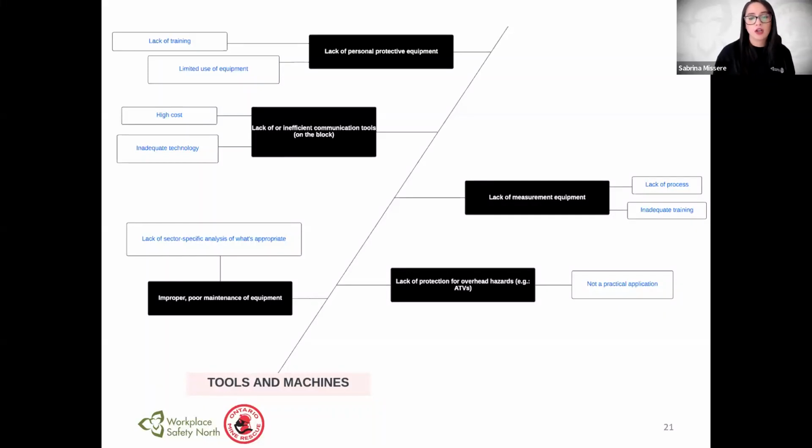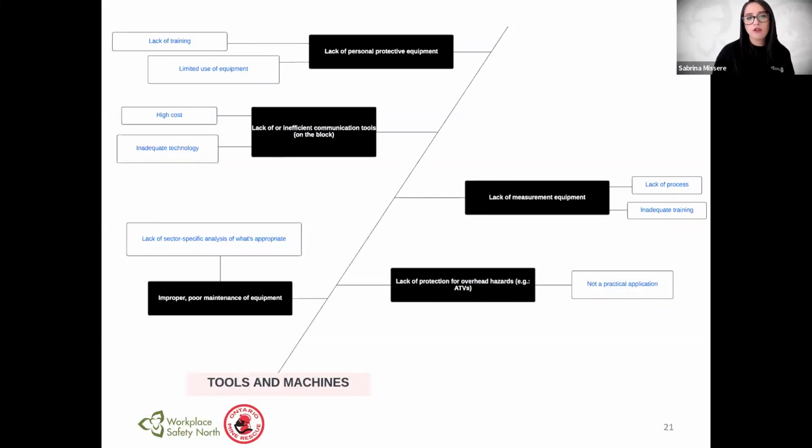So there was discussion around lack of PPE, personal protective equipment, inefficient communication tools due to inadequate technology and the high cost associated with them, lack of measurement equipment, improper or poor maintenance of equipment, and lack of protection for overhead hazards due to the impracticality of it.